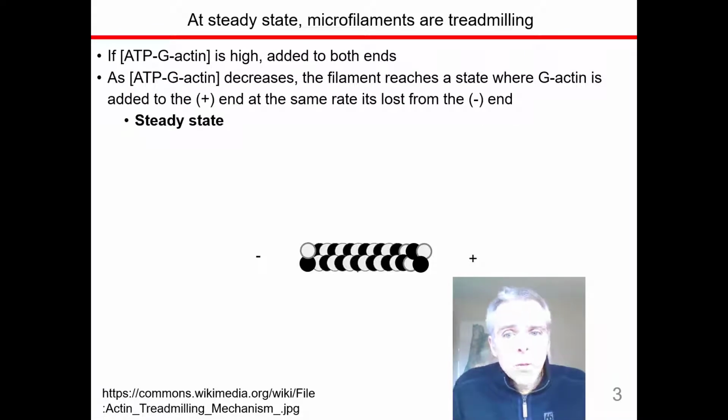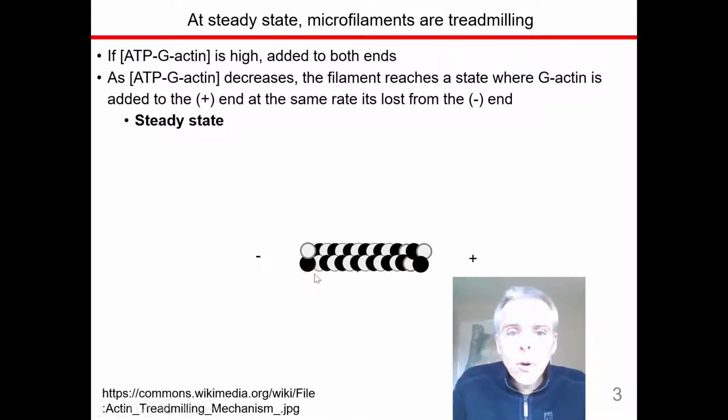As we're adding those monomers, the concentration of ATP actin that's available to be added is going to decrease. We're taking those from the cytoplasm, we're adding them to our microfilament, so the concentration of the free ATP G-actin is going to decrease. That means we're going to reach a point where the G-actin is still being added to the plus end, because remember, they're added faster on the plus end than they are on the minus end, but they're being added at the plus end at the same rate as they're being lost from the minus end.